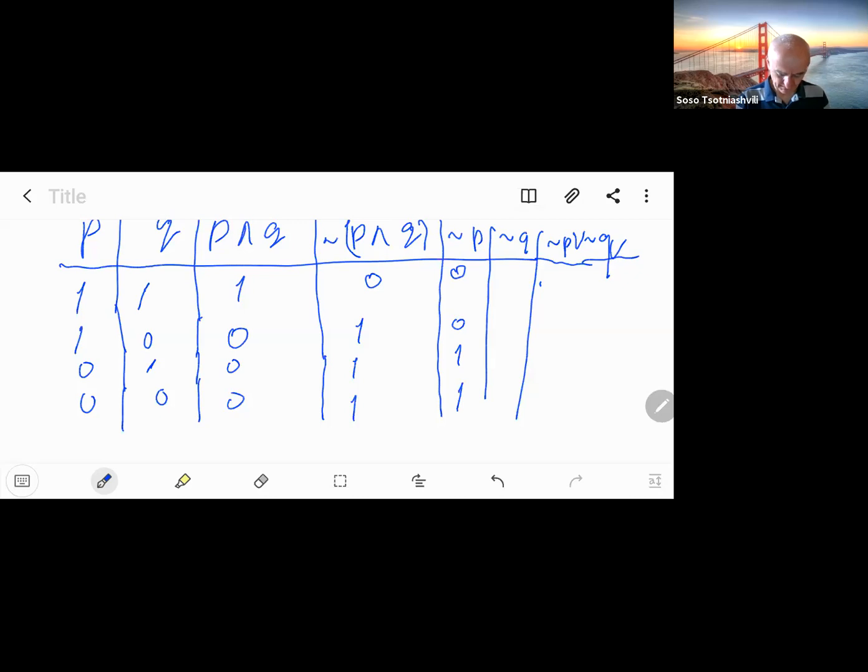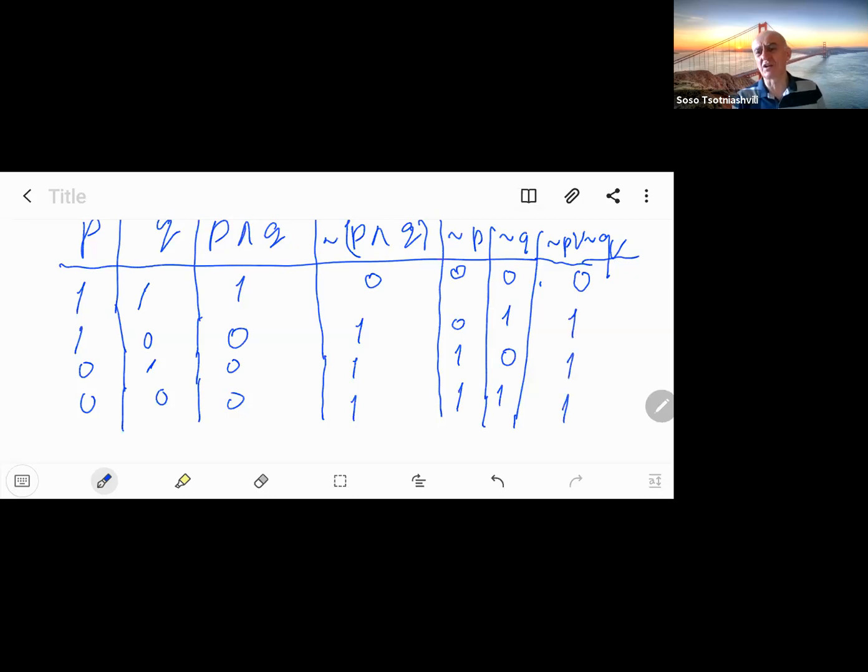Here we have negation of Q: 0, 1, 0, 1. And now the disjunction. In the disjunction, only in one case we have false, so 0, 1, 1, 1.